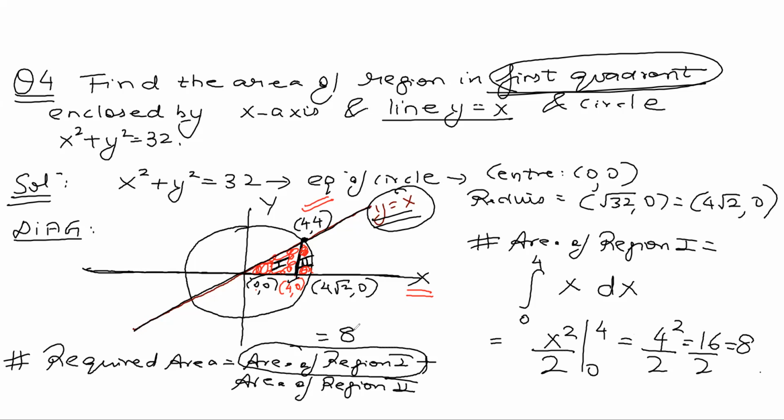We have integrated this from 0 to 4. What have we integrated? The line. So we have integrated the line y equal to x from 0 to 4. And y equal to x means x dx, basically.